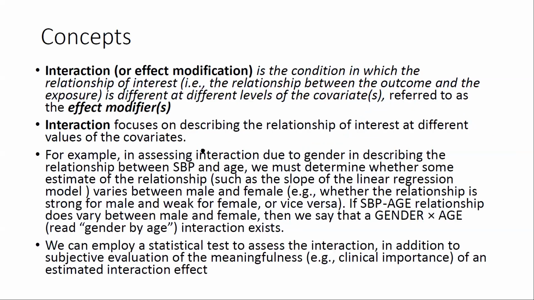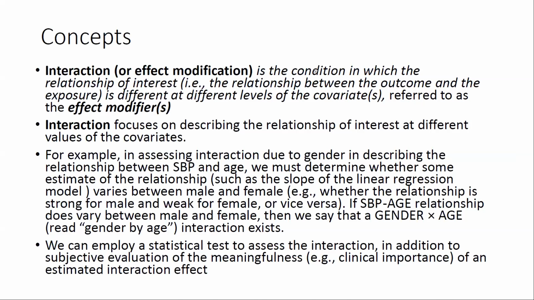Okay, the next concept is interaction, or in epidemiology called effect modification. Interaction happens when the relationship of interest, again the relationship between the outcome and exposure, differs at different levels of the covariate. This covariate is then referred to as an effect modifier.